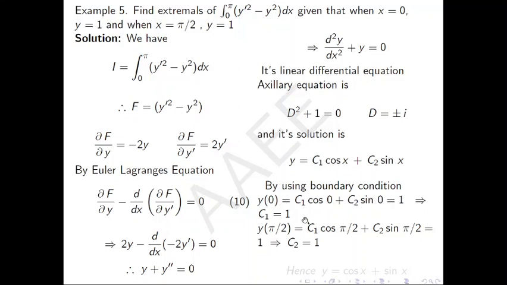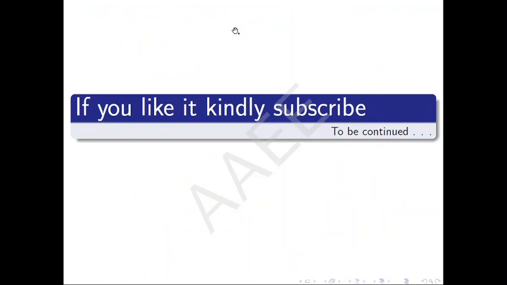For the second condition, for x equal to pi by 2, c1 cos of pi by 2, which is 0, plus c2 sin of pi by 2, which is 1, therefore c2 is equal to 1. Hence y is equal to cos x plus sin x for these particular conditions.